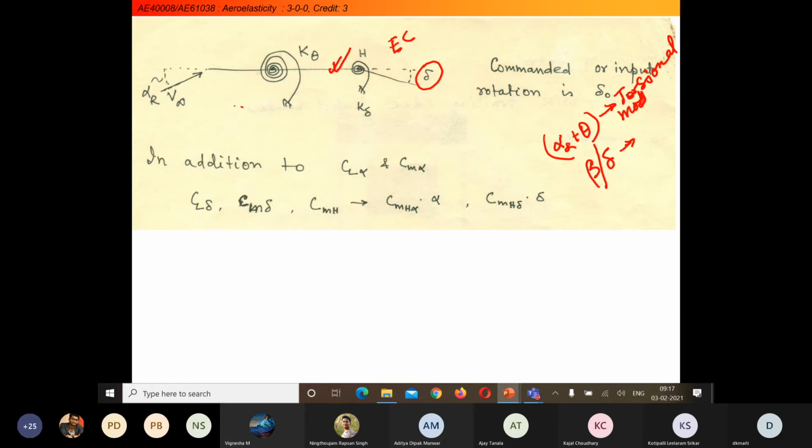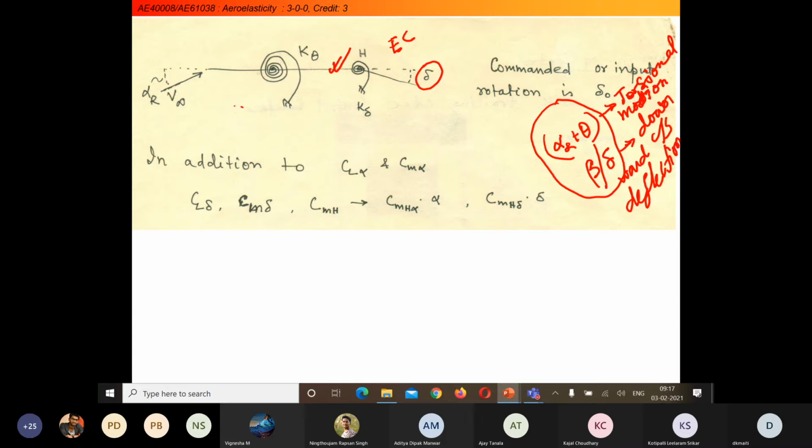And this is the downward control surface deflection. So this is the 2 degree of freedom system we are considering for the control reversal.